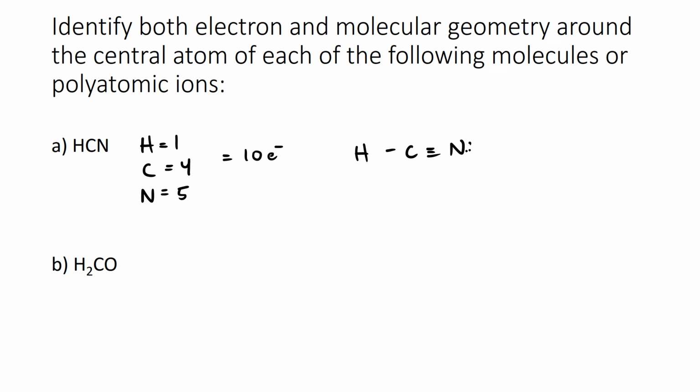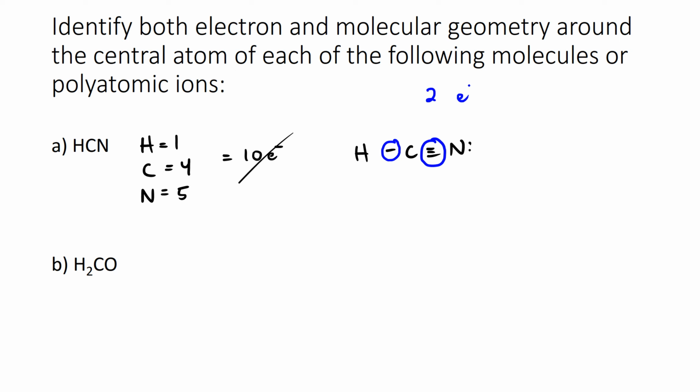2, 4, 6, 8, 10 electrons are being used here, so we don't have to worry about this anymore. Next, what we want to do to identify the molecular and electron geometry is look at the central atom, and count how many electron groups there are. Not electrons total, but electron groups. So on the left side, we have 1 group of electrons. On the right side, you have 1 more group of electrons.